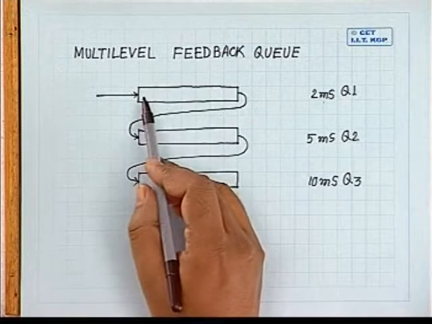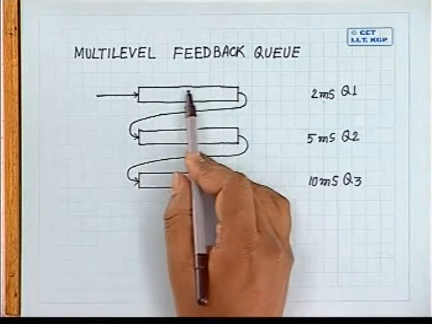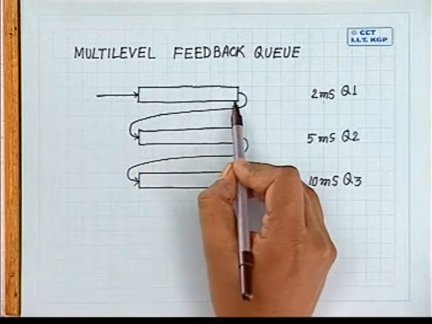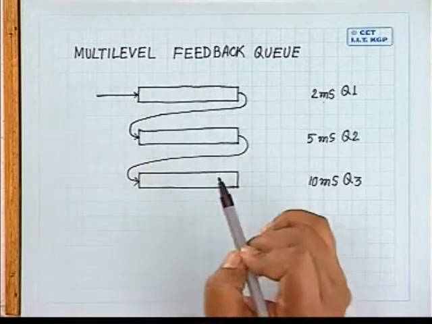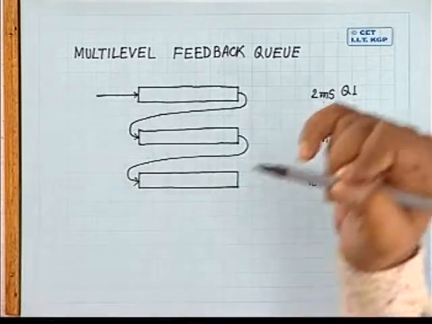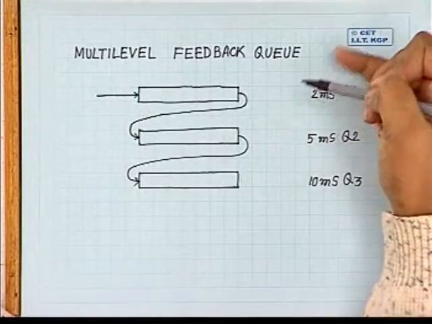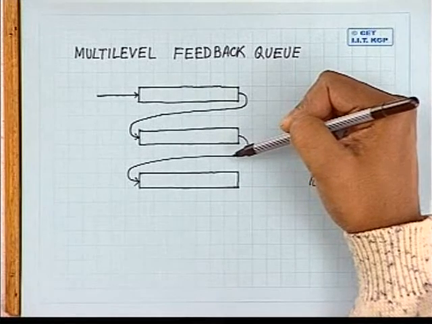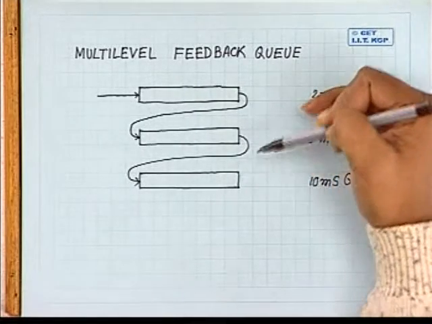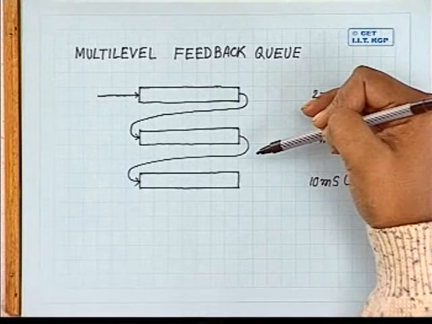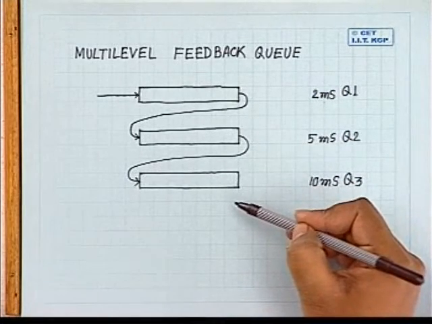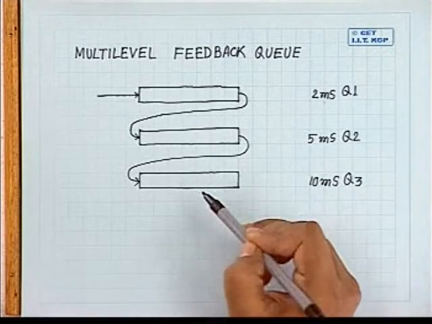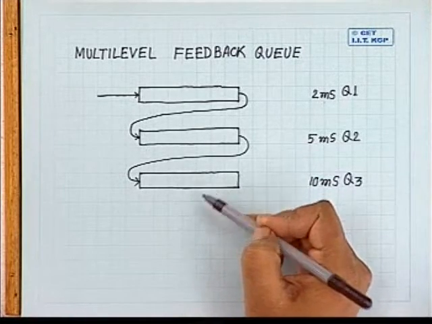That means if the job, during some duration of time, remains IO bound, it will remain in queue number 1. Whenever it changes its nature from IO bound to CPU bound, I push it downwards. That means I start giving it lower preference. Similarly, at the bottom queue, as long as the job is CPU bound, it will remain in queue number 3 where the priority is less.